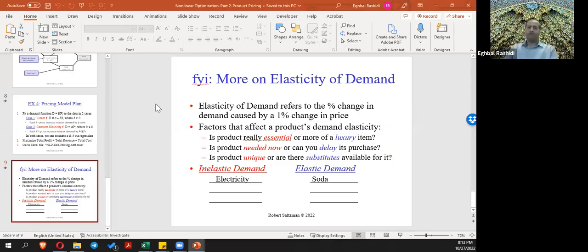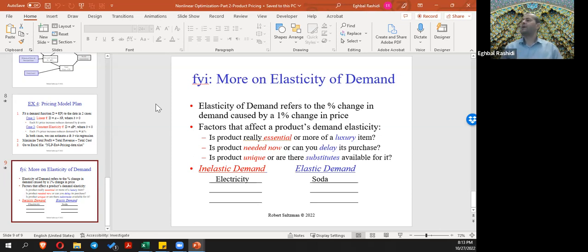Let's go back to our lecture slides. All right. So the second function was what is called elasticity of demand. We can think of items, whether they are elastic or not.